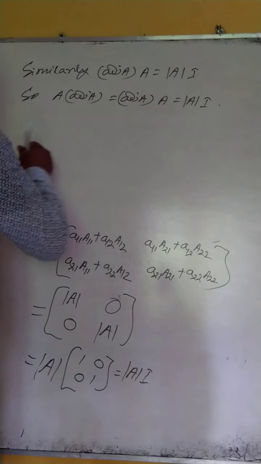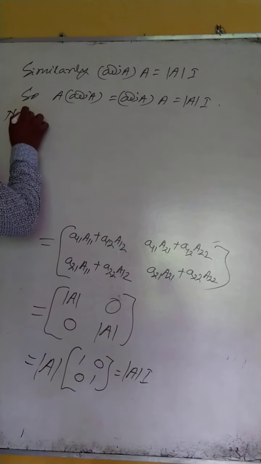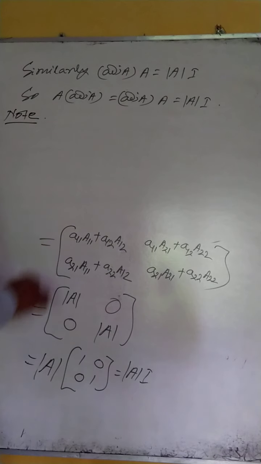Now you know singular matrix: the square matrix whose determinant value is 0 is called a singular matrix. If its determinant value is not equal to 0, then we say it is a non-singular or regular matrix.